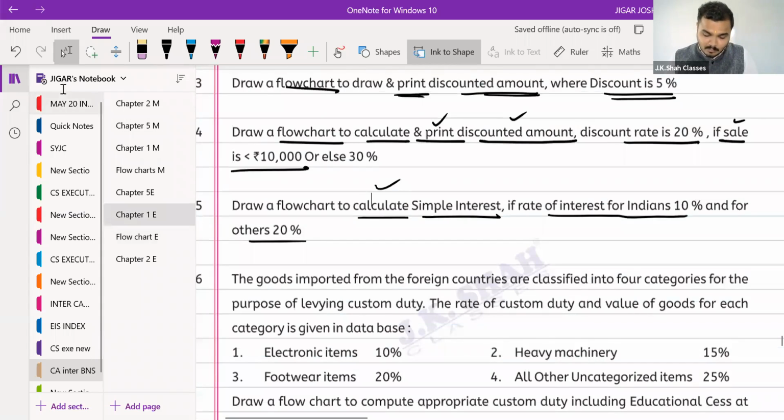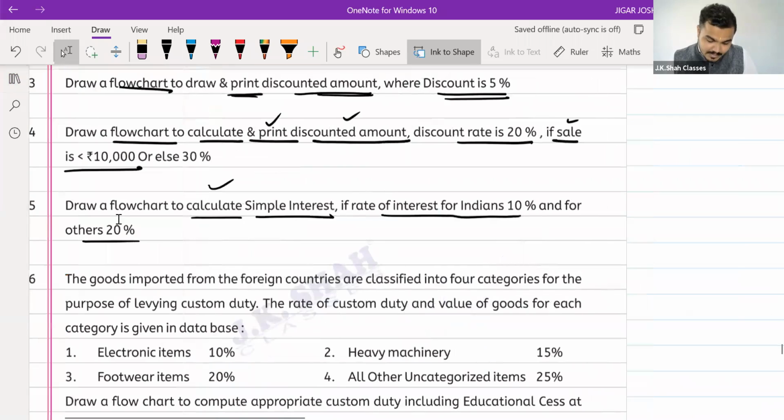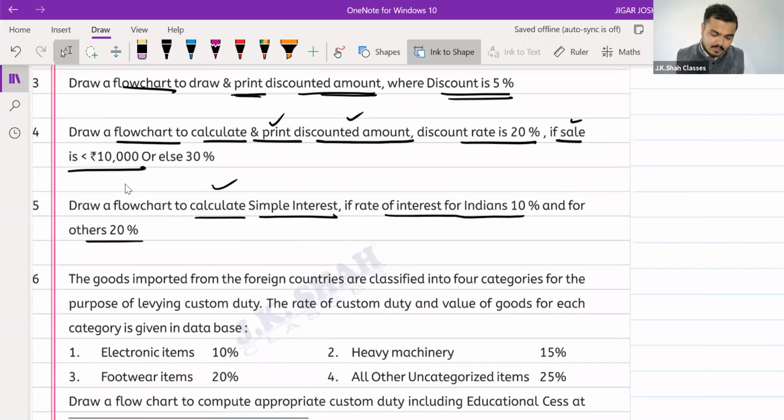In the question, what they say is draw a flowchart to calculate simple interest. So why do you want rate of interest in output?